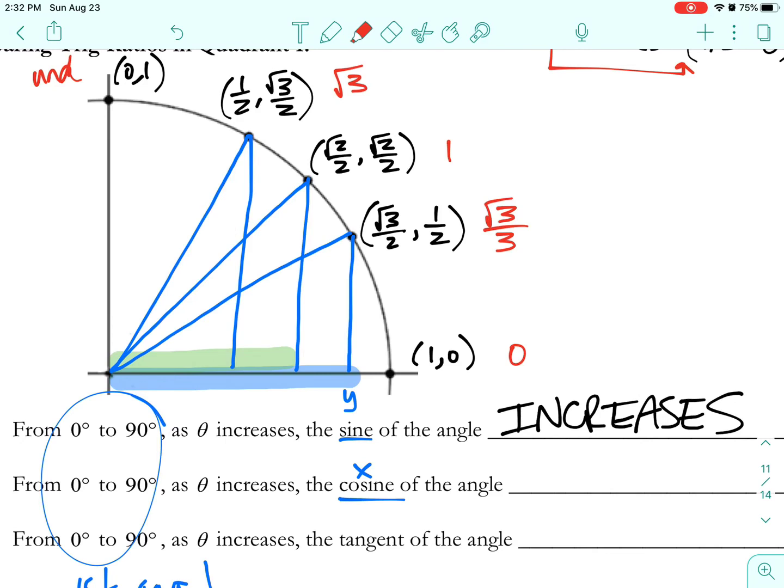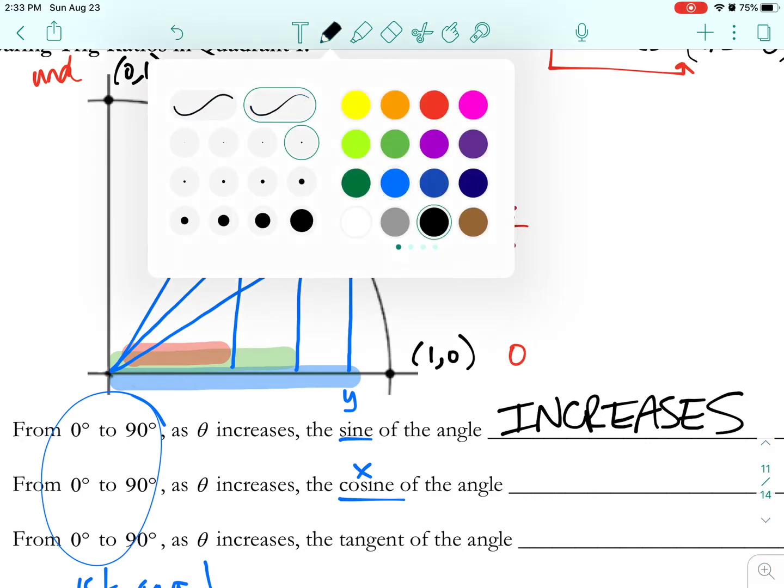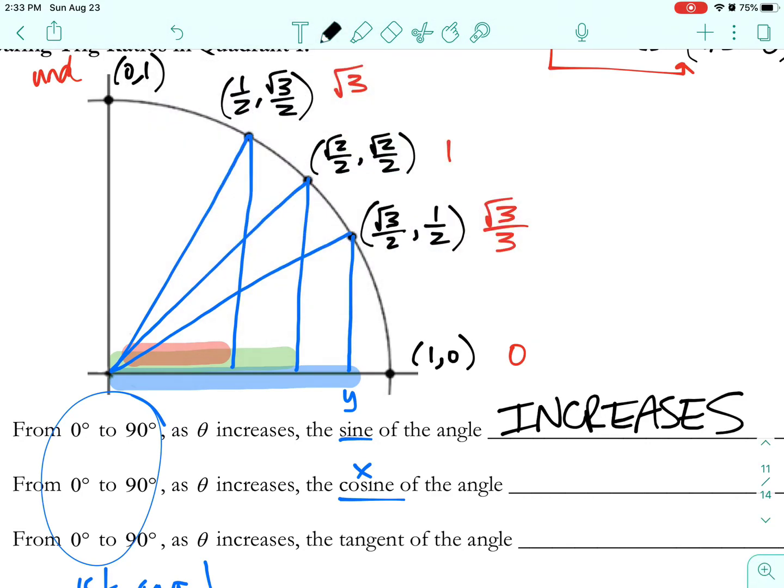Look how small that x value is. So it actually has the opposite effect as the sine does. So from 0 to 90, as theta increases, the y value also increases. The y values here are getting bigger, but the x values are getting smaller, so they decrease.